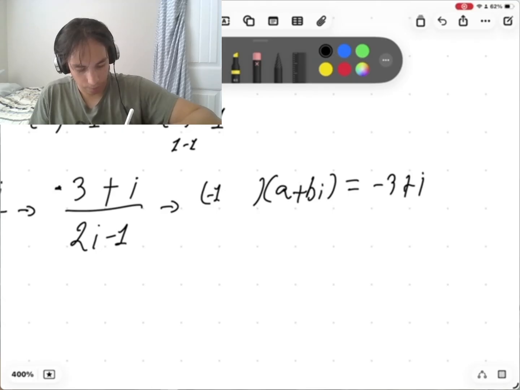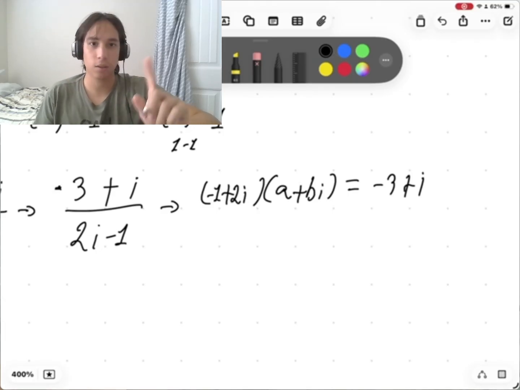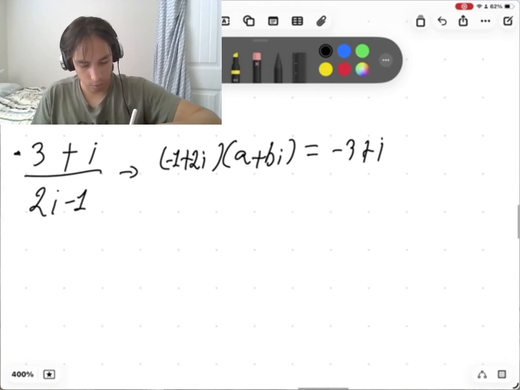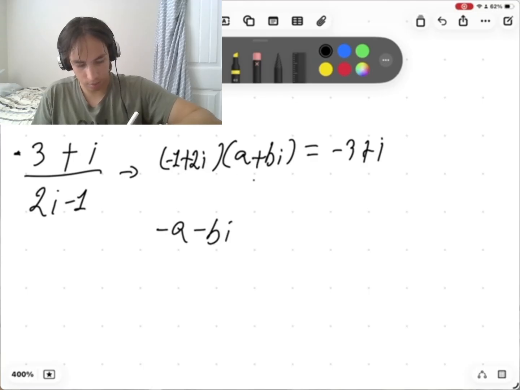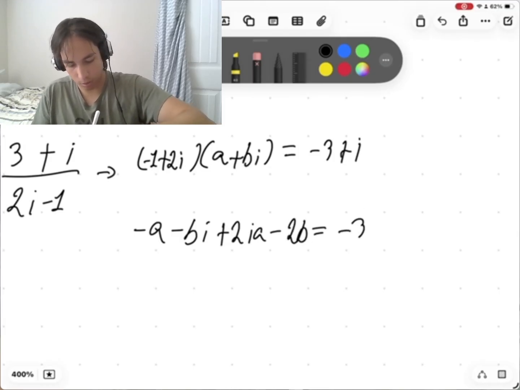Negative 1 plus 2i, right? Yeah, negative 1 plus 2i. I hate it when they mix it up. It's so unnecessary. Just keep it as is. So we get negative a minus bi plus 2ai minus 2b equals negative 3 plus i.